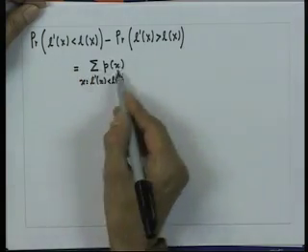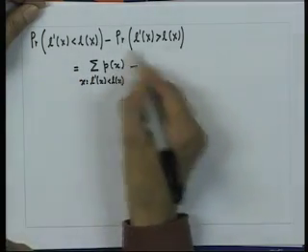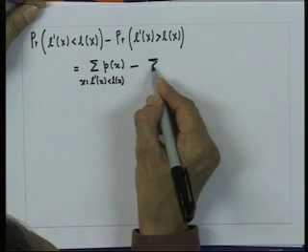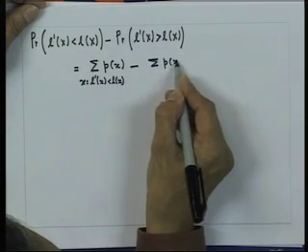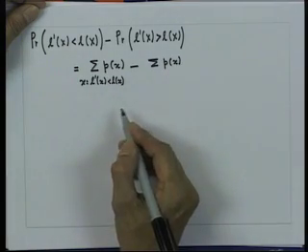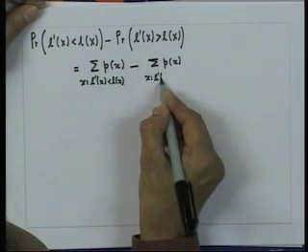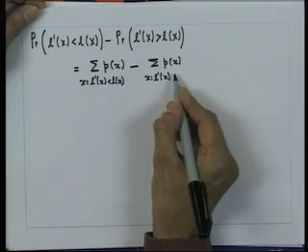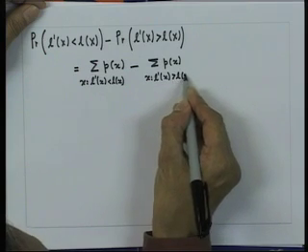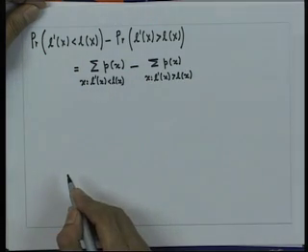So, by definition it is this, and this is nothing but the probability of the symbols for which L'(x) is greater than L(x).